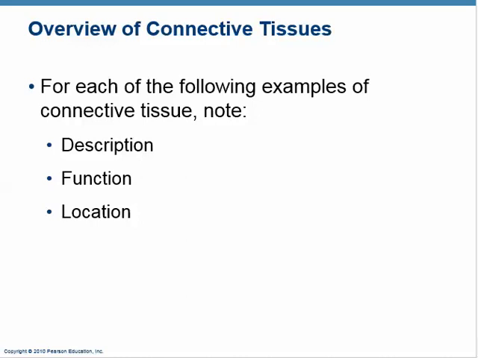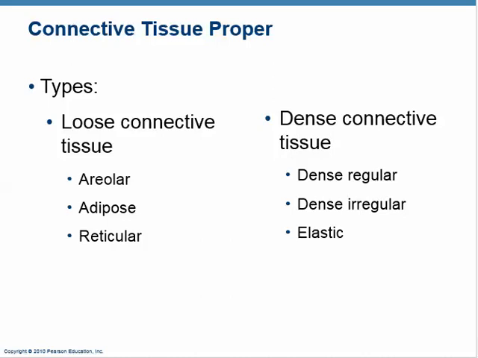So when we look at connective tissues, we're going to note what it looks like, what it does, and the location. You'll notice that this is the exact same slide as the overview to epithelial tissue, and it's the same thing: description, function, and location. So when we look at connective tissue proper, there are 2 types, loose and dense.